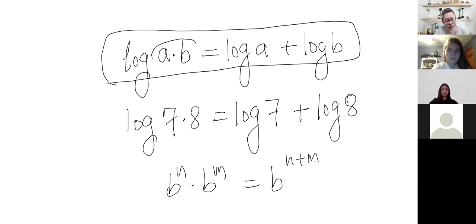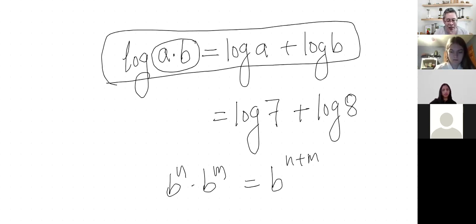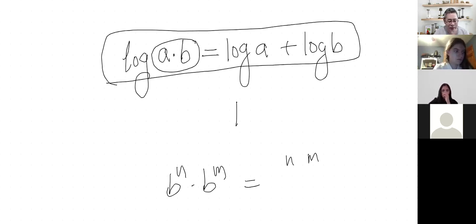What is the exponent if we write them as base 10? And we know that once you change that, then you just add together. So we can actually prove it based on the definition.